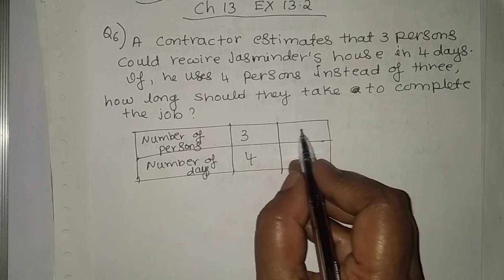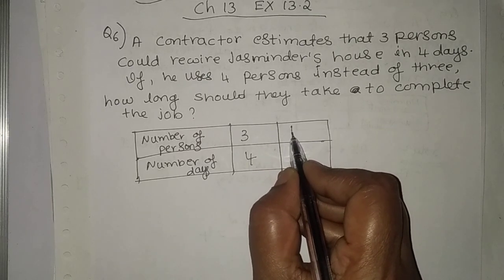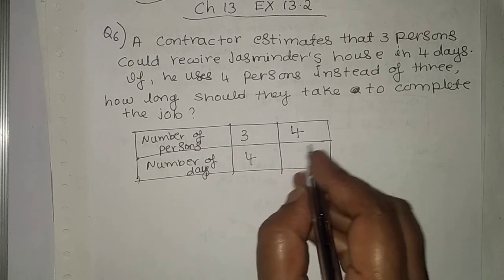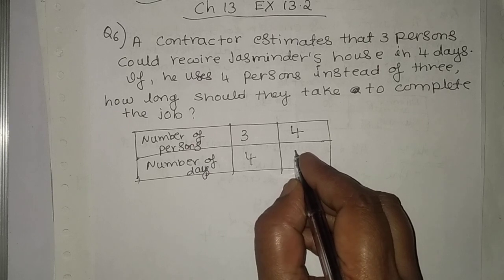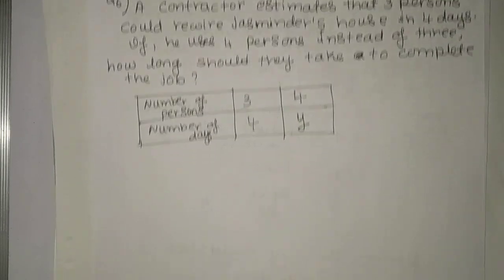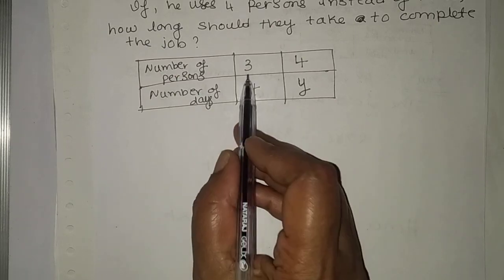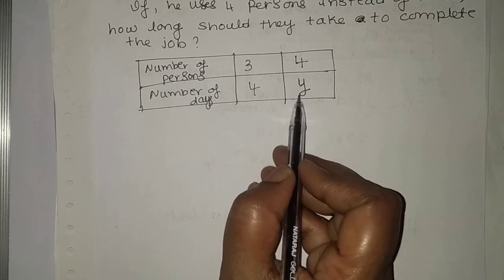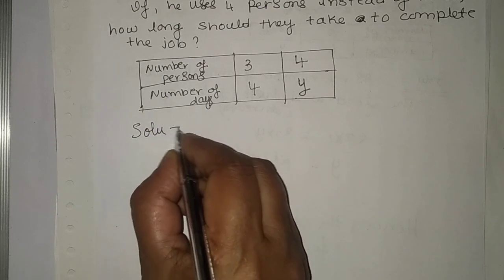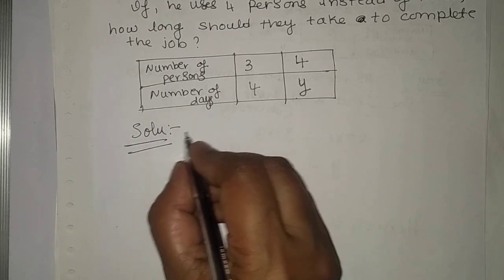Next, if there are 4 persons, meaning 1 person has been increased, then how many days will the work last? As we know, as the number of persons increases, the number of days decreases. Solution: in every problem, write one point.